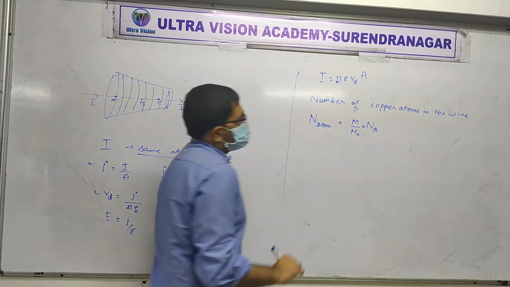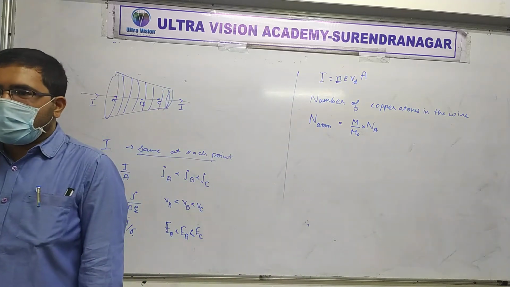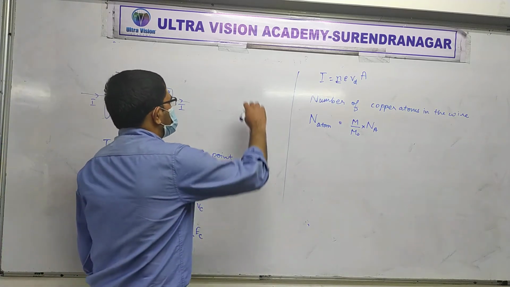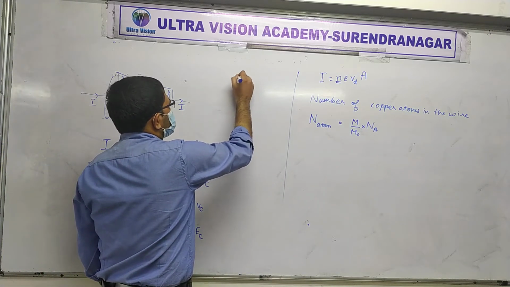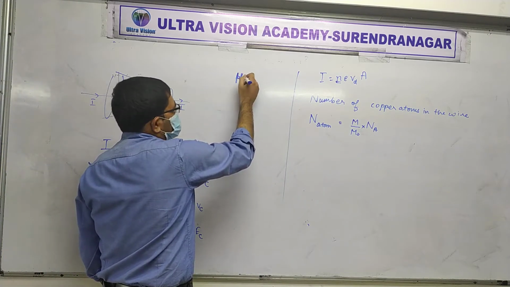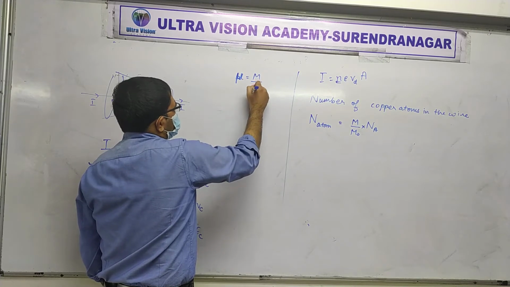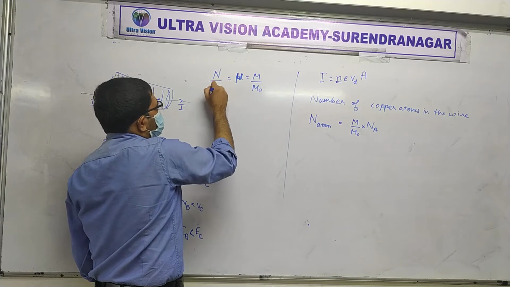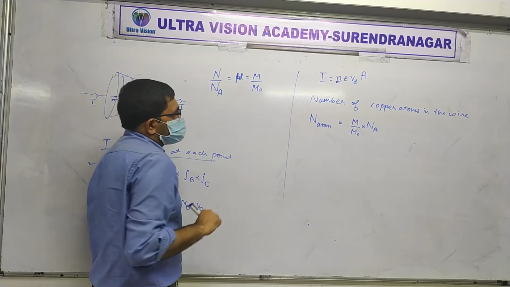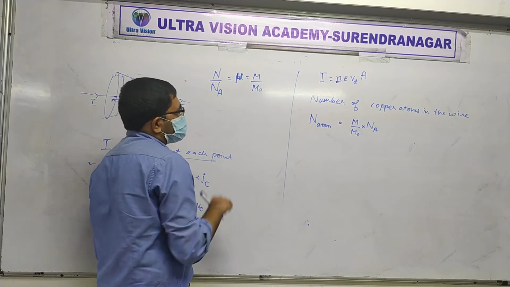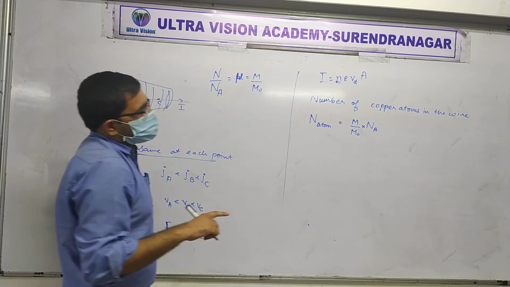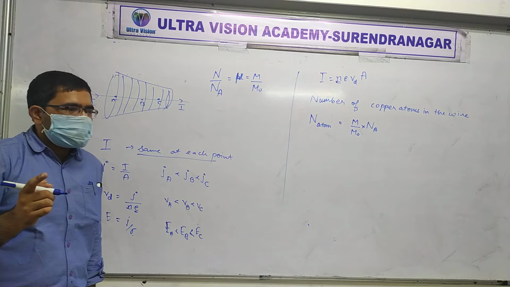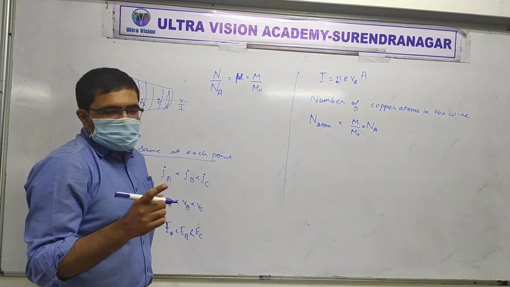Is this clear or not clear? It came in the kinetic theory of gases, moles, number of moles, let me write mu for example, is mass upon molar mass, and moles are also equal to number of atoms upon Avogadro number. Do you remember that? So number of atoms is equal to M upon M0 into Na. Clear? Clear or not? Yes.